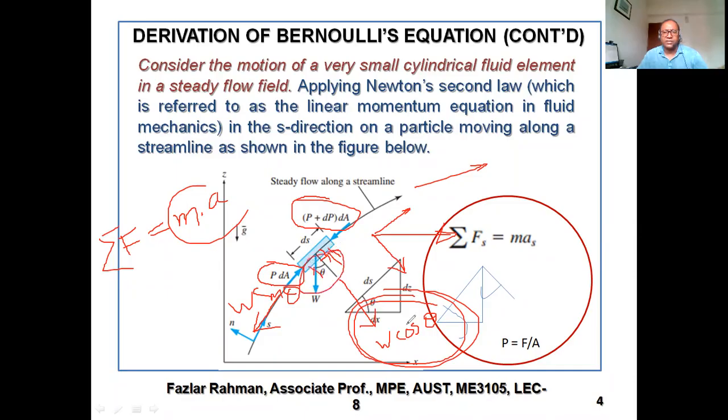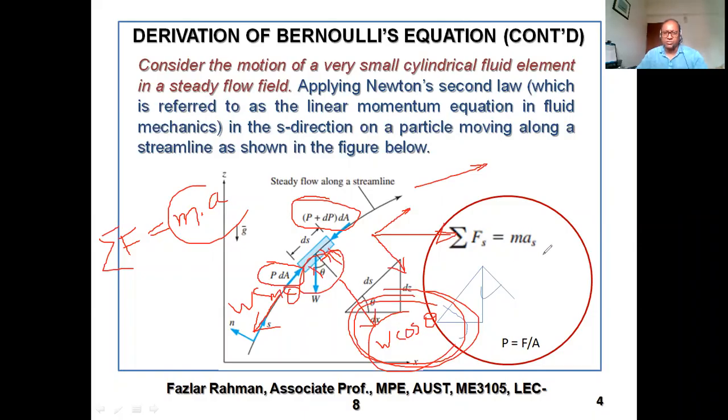So they are balancing this W cos theta. But we are not concerned about this force because we are only thinking about the force working along the streamline. Okay, so let's see how we can apply Newton's second law.